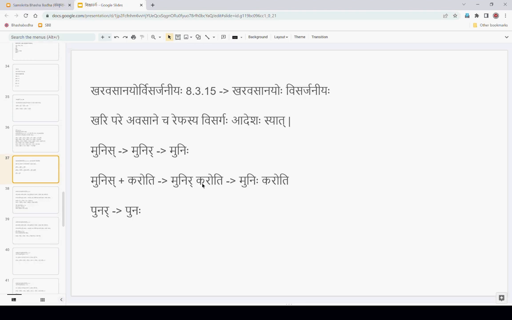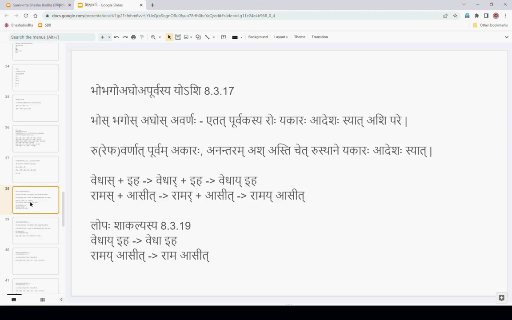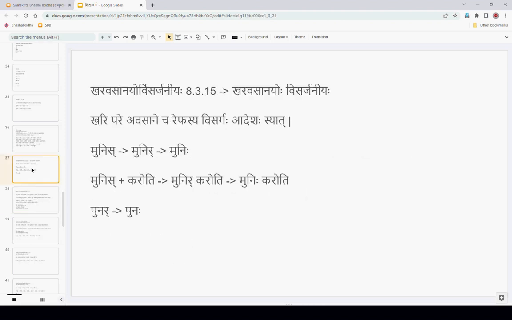So we saw the example munis, munir, munihi, punar, punaha. Tada refah kutra vartate? Avasane padante. Padante refasya sthane visargadeshah. Pare khari khar pratyaharasya varnah tishtati. Just want to be clear, tishtati means what?